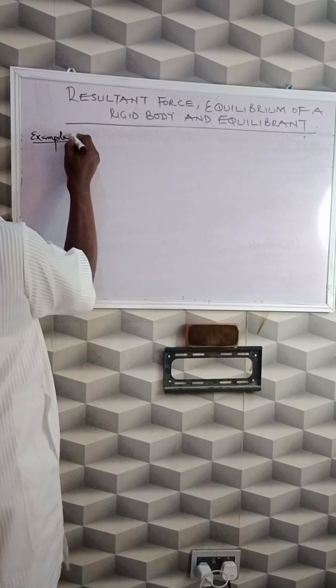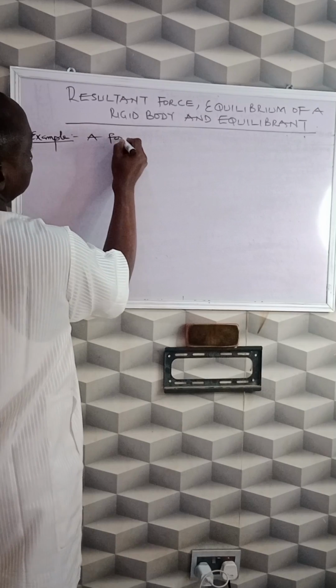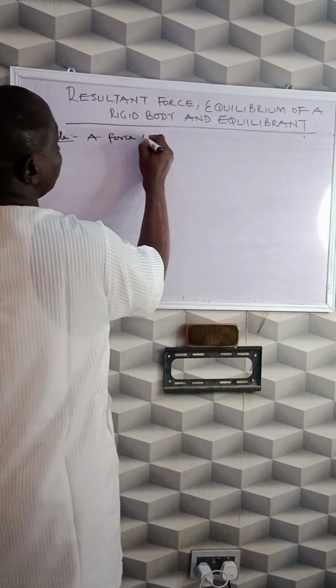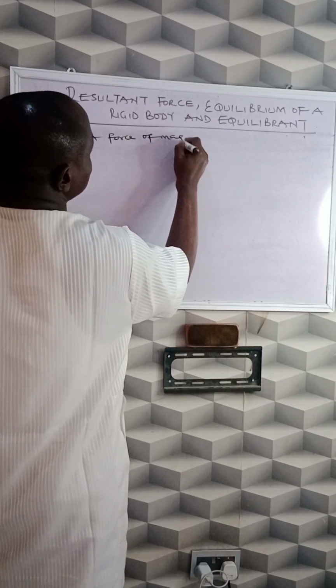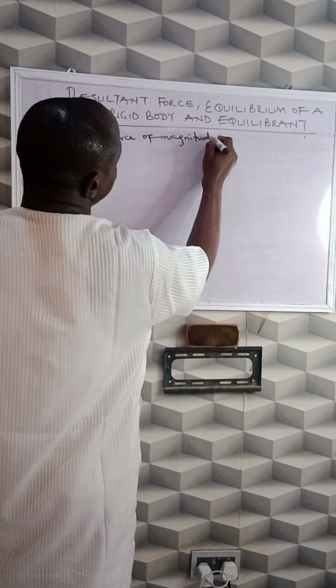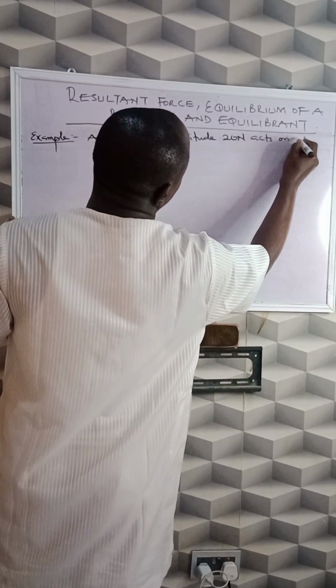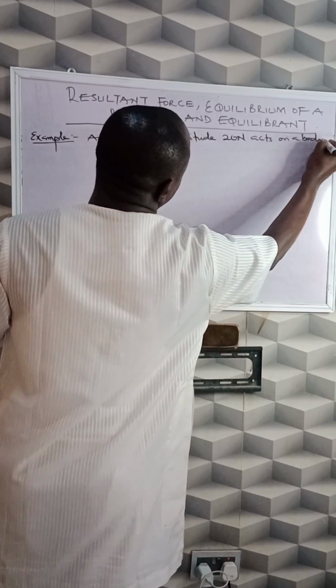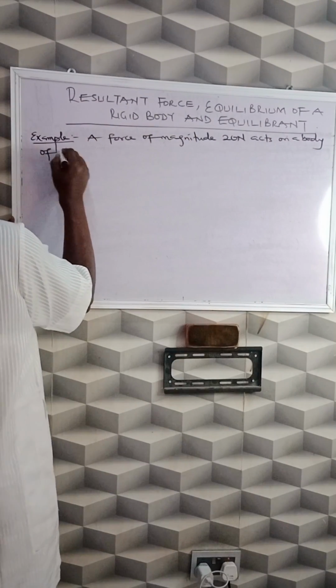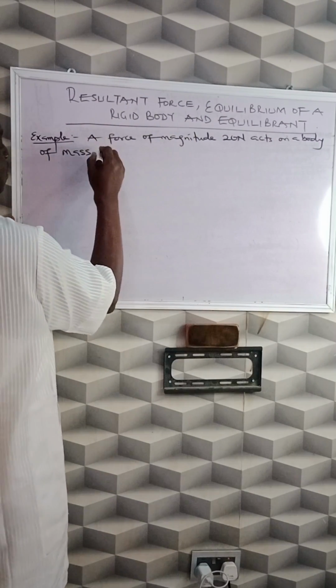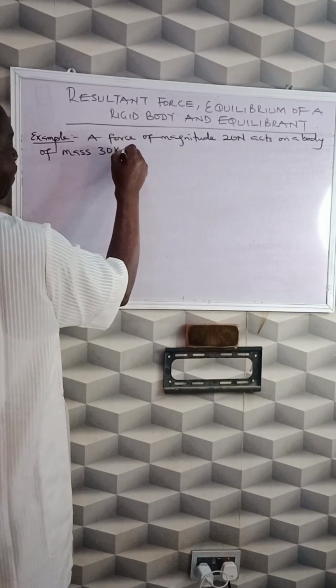Let's see one example. A force of magnitude 20 Newton acts on a body of mass 30 kilogram.